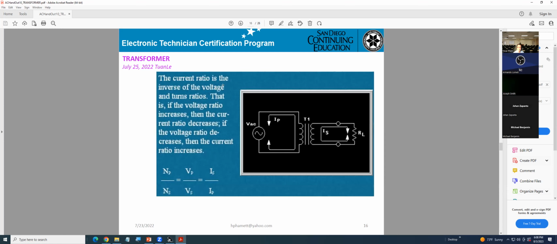The current ratio is the inverse of the voltage and turn ratio. That is, if the voltage ratio increases, then the current ratio decreases. If the voltage ratio decreases, the current will be increased. They will be opposite.